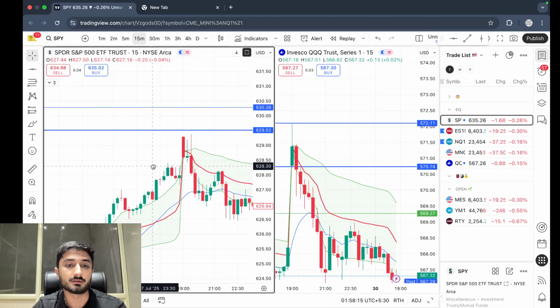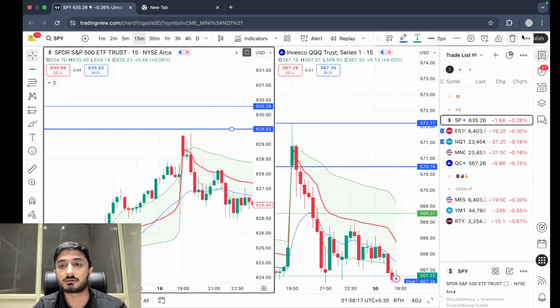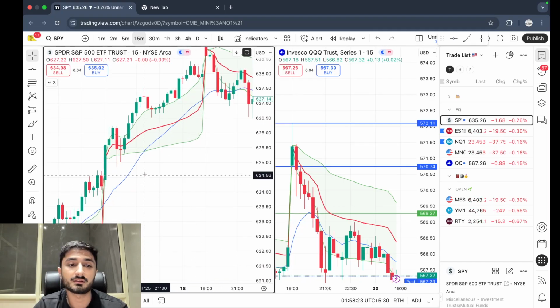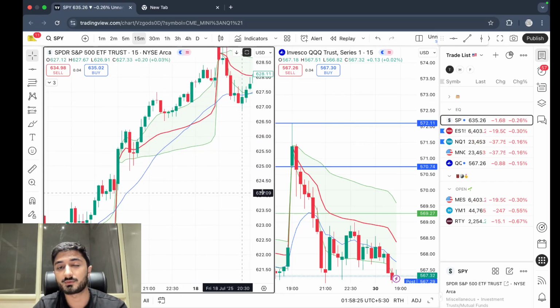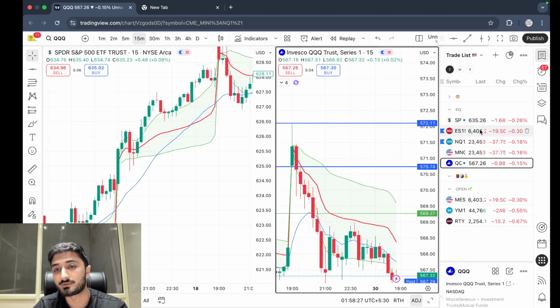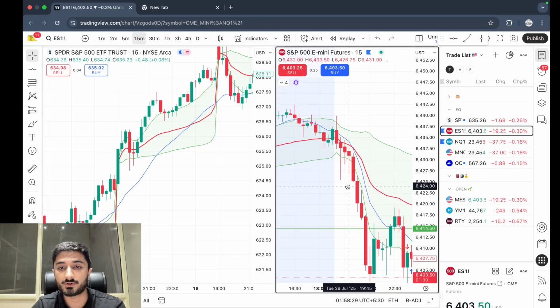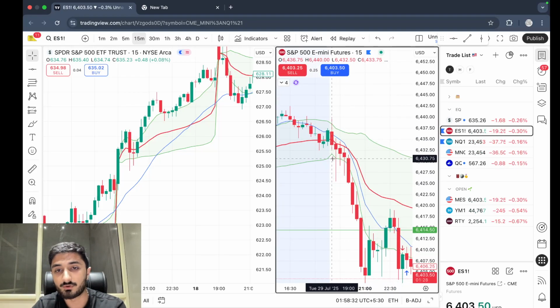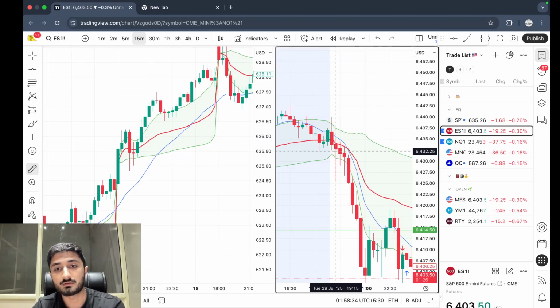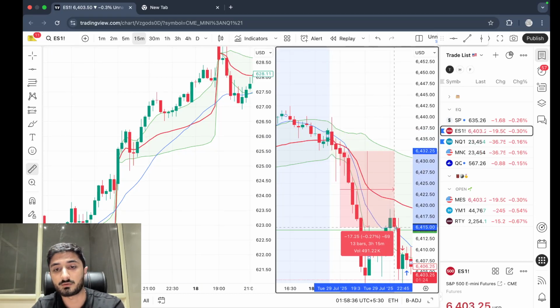If you want to add a little bit of spice to it, you can come to the S&P. I'm going to use the SPY example right now, but you can see the same charts here. This is the opening range, and you take 1R.